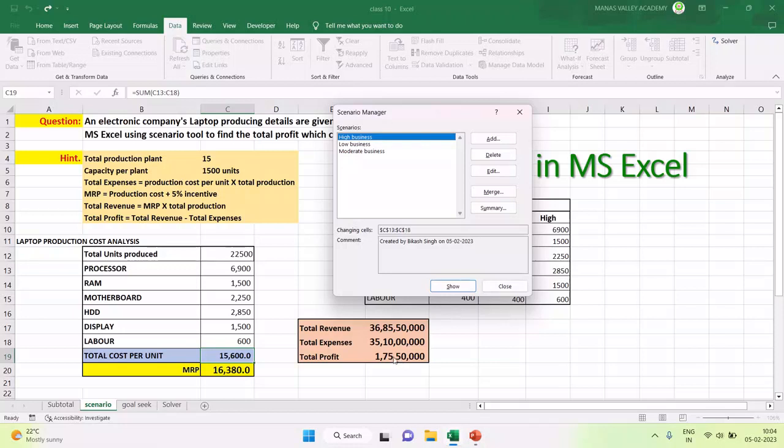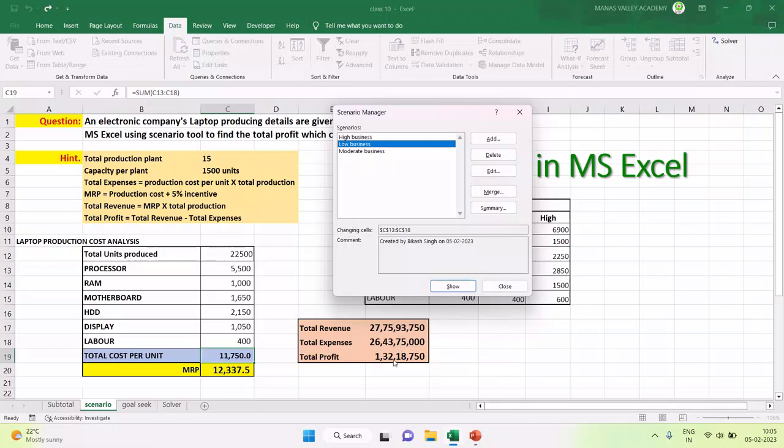What if the company's business is going through the low season, that means very dull business? Select the low business option and click on the show button. In case of low business, your cost also comes down and your MRP is this much, 12,337. At this MRP the company earns this much revenue, its expenses are this much, and it earns this much total profit.